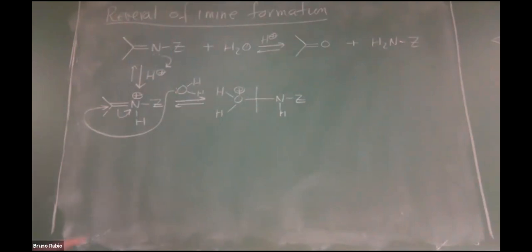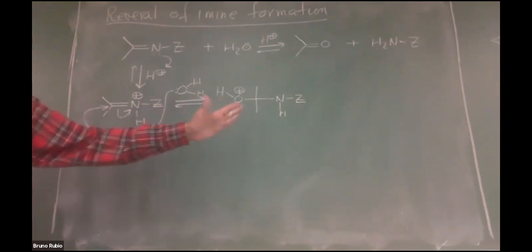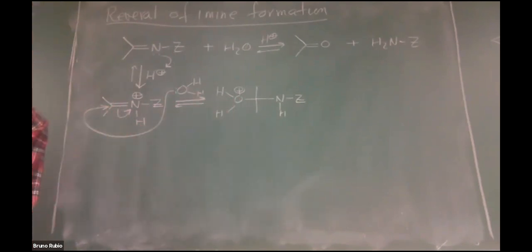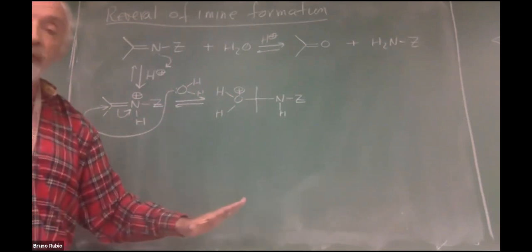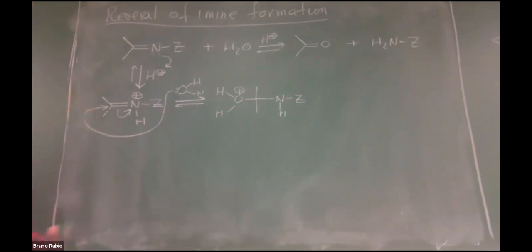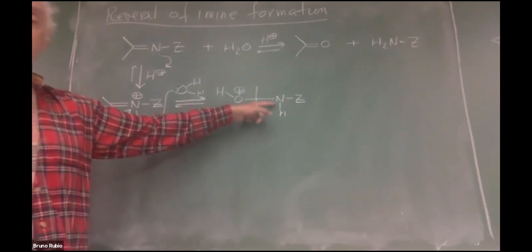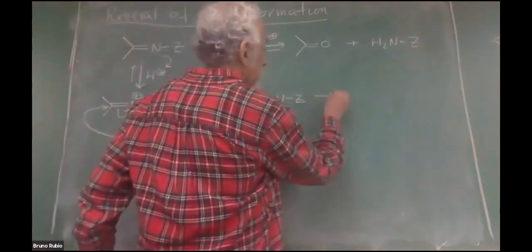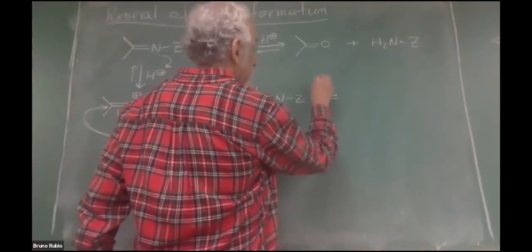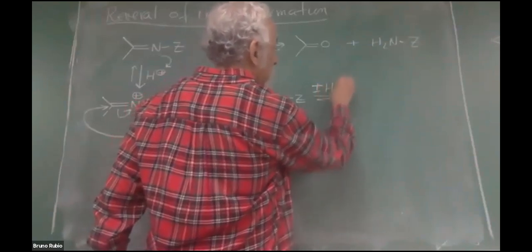Okay, now, just like in the acetal mechanism, just like in the imine mechanism, fiddling and diddling with protons. So this oxygen atom is going to lose a proton. That proton is going to go off into the solution. It's never going to be heard from again. But we have a lot of protons in the solution. One of them is going to pop on this nitrogen atom. So instead of writing all of those steps, I'm going to introduce this notation, plus minus H plus.